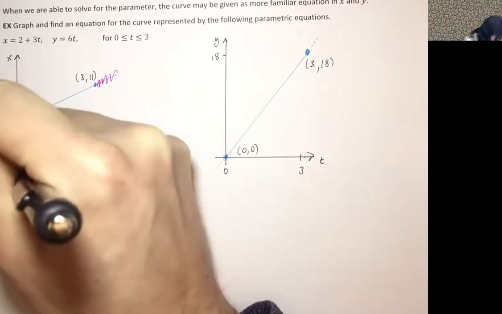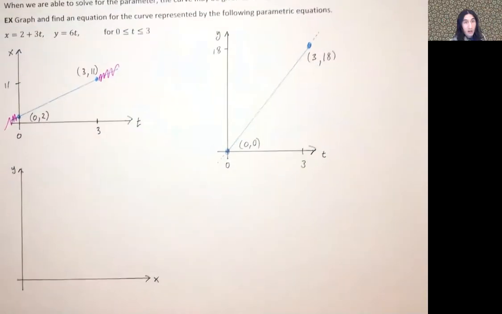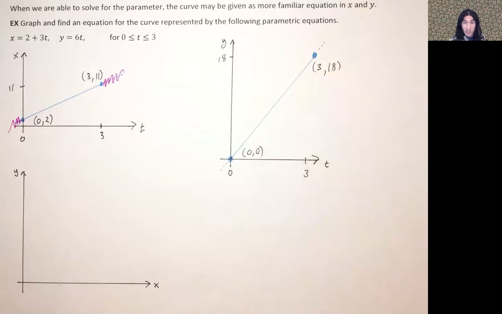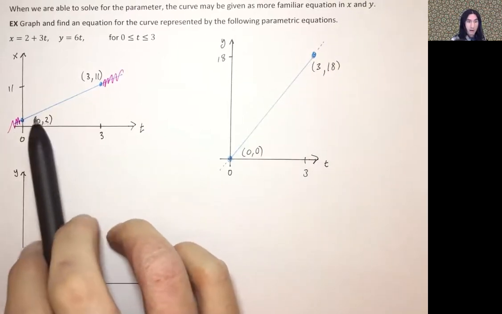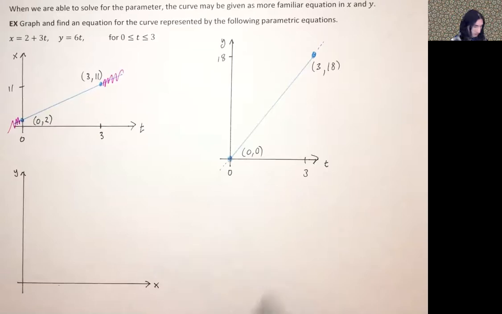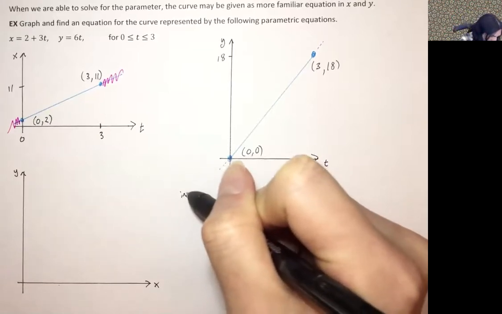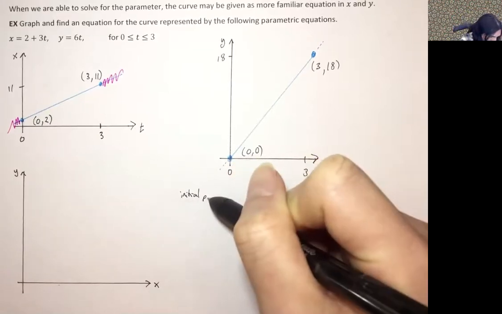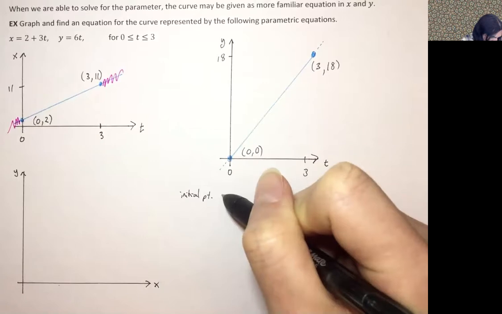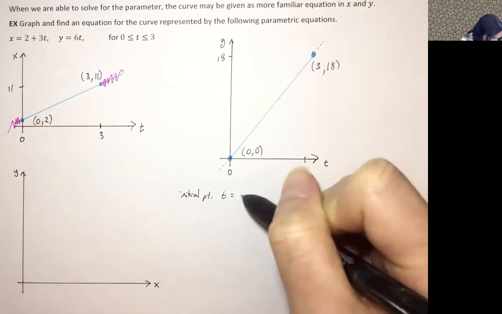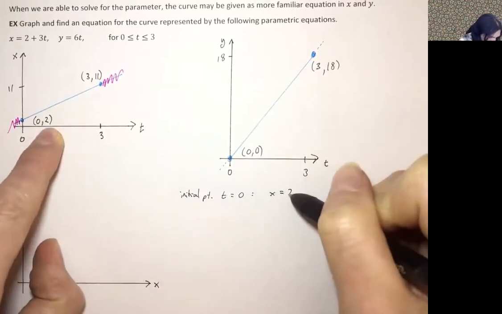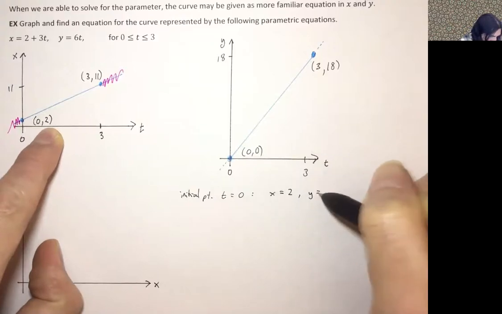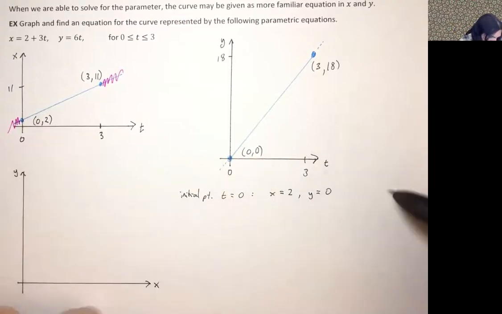So this is my standard XY plane. We know, for instance, that the initial point is going to be at the coordinate pair of 2, 0. My initial point is for t equal to 0, and so I get x equal to 2 there, and y equal to 0 there.